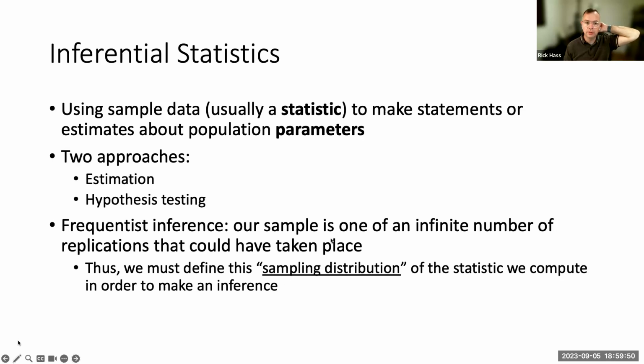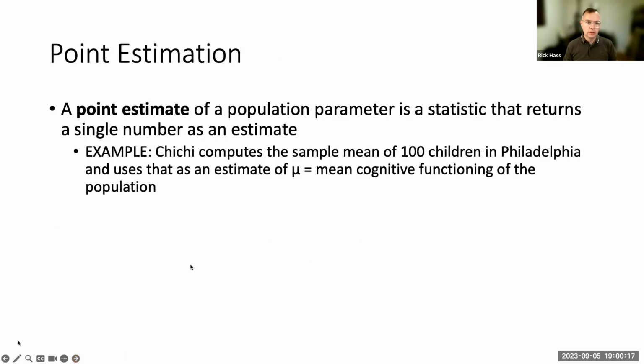And so the frequentist approach to that is to consider that our data is just one of many data sets that we could have gotten. It's one out of a stream of things that we could have gotten. And we consider our result in light of all of those possibilities.